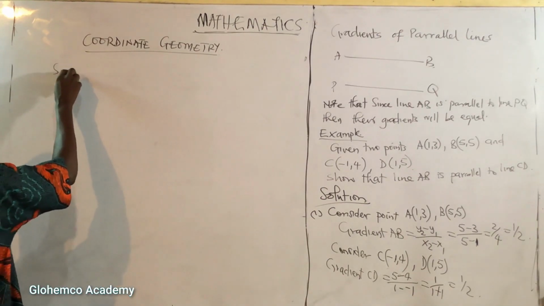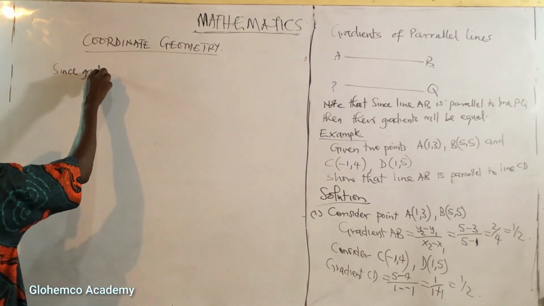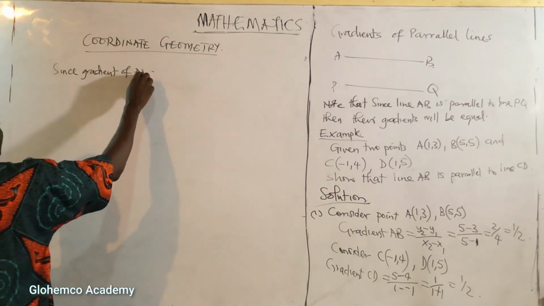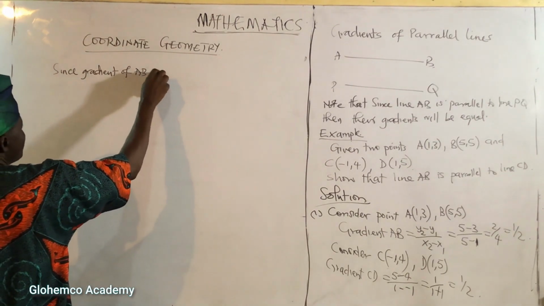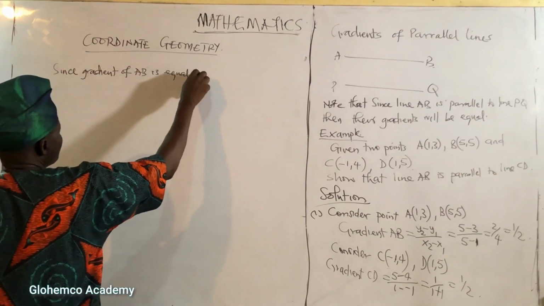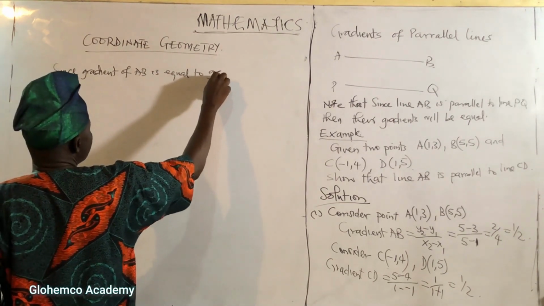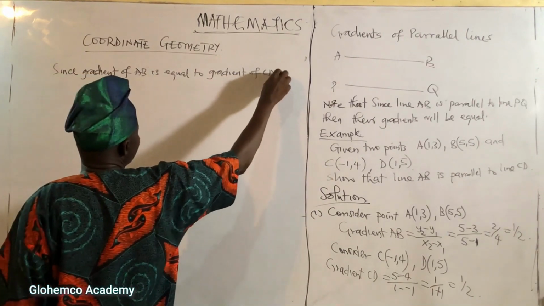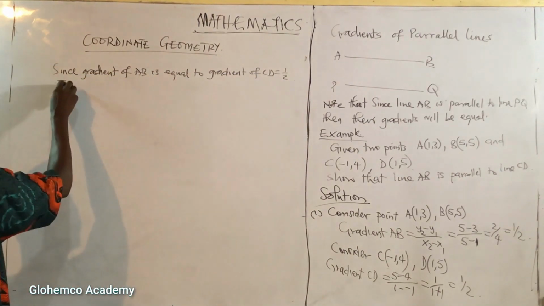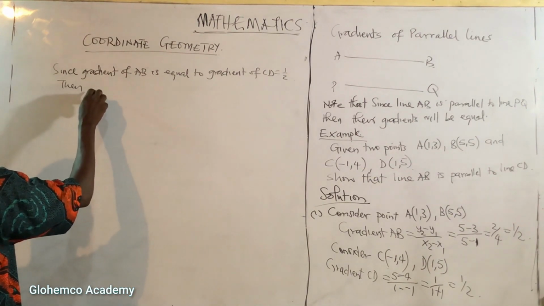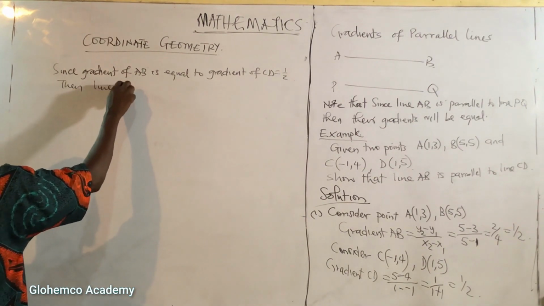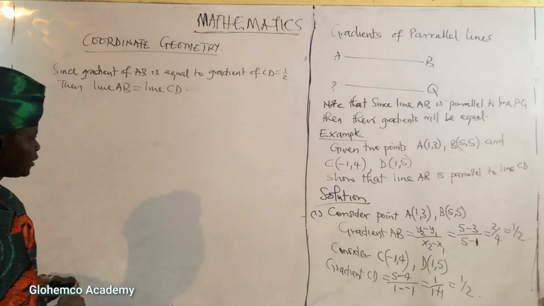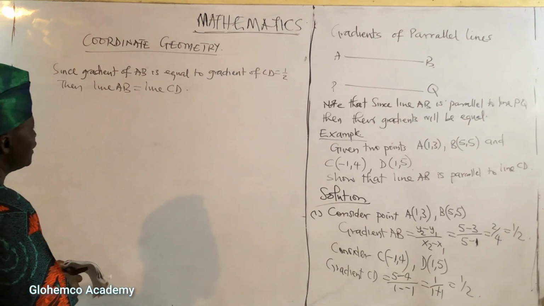We will now conclude that since the gradient of AB is equal to the gradient of CD, which is half, it means line AB is parallel to line CD.